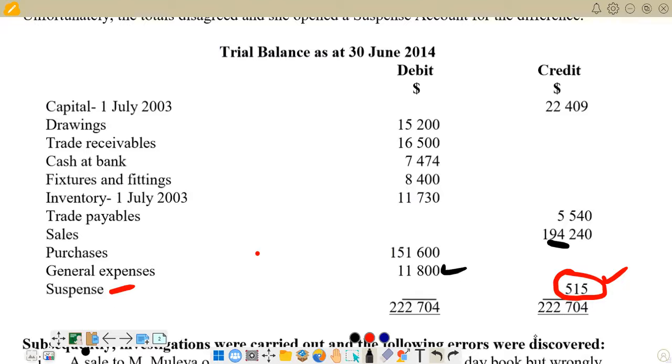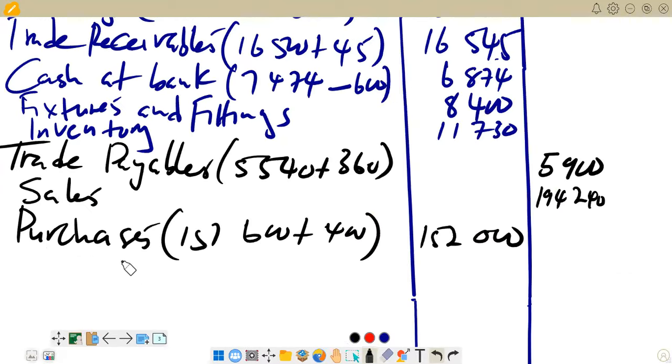This is the suspense difference, so it's not entered in the corrected trial balance because we have now corrected, so there's no need to enter the suspense again. So this one does not appear in the corrected trial balance. So general expenses, we got 11,800, but we know that we've got that entry of general expenses that we corrected. So we can check the amount.